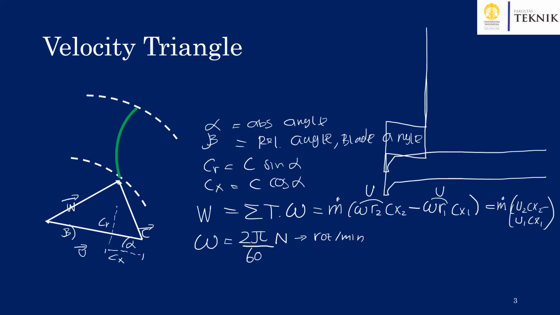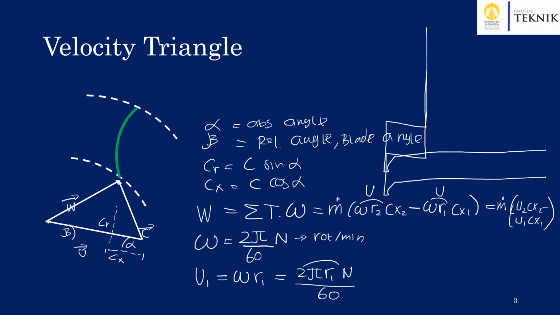And then for u1 or u2, let's say for u1, we can write it down as omega multiplied with r1, so it is 2π r1 multiplied with N divided by 60.